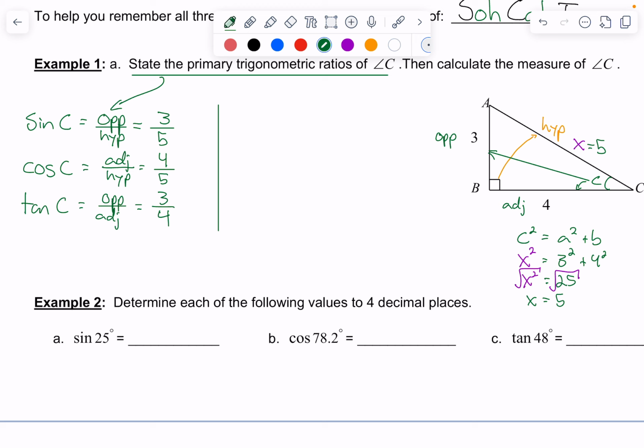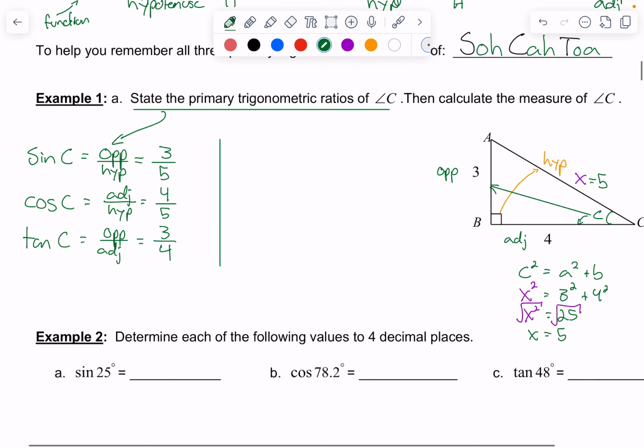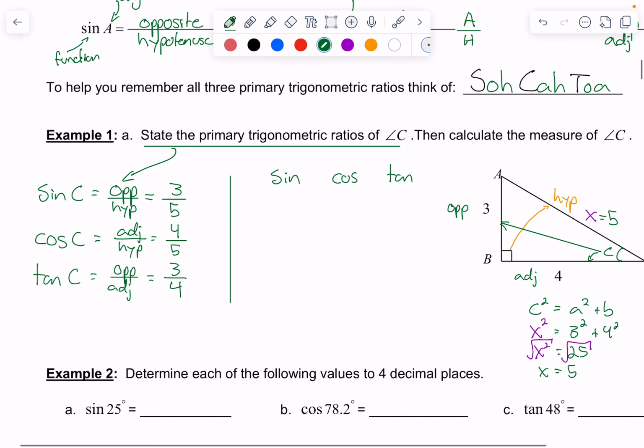So now, calculating the measure of angle C, there is a special button on your calculator. If you find the buttons on your calculator, you'll see sine, you'll see cosine, and you'll see tan. All right? Well, right above that, you'll see this button, sine inverse, cosine inverse, or tan inverse.